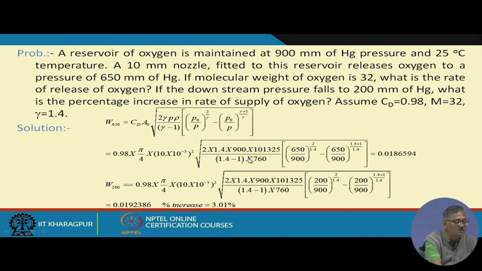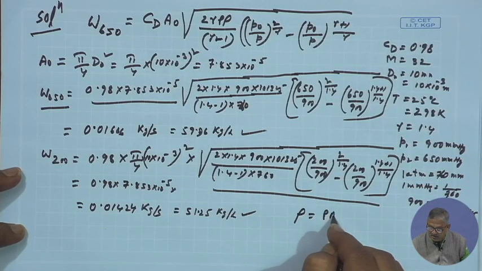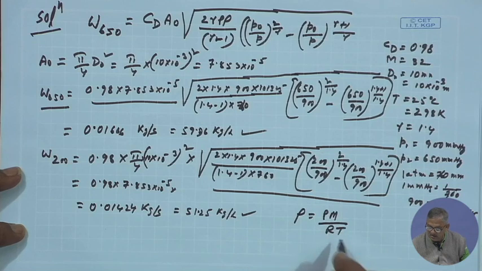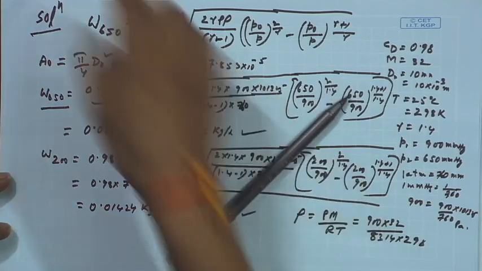What is not done is rho, that is Pm by RT, that is not there, should have been done. So rho is equals to Pm by RT, where it is 900 into 32 by 8314 into 298, right?